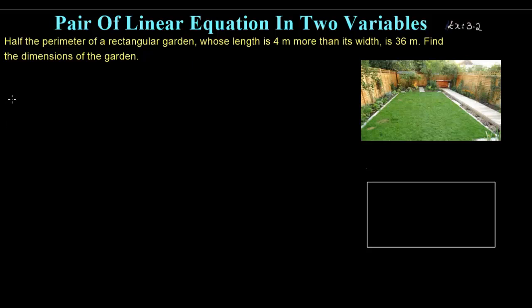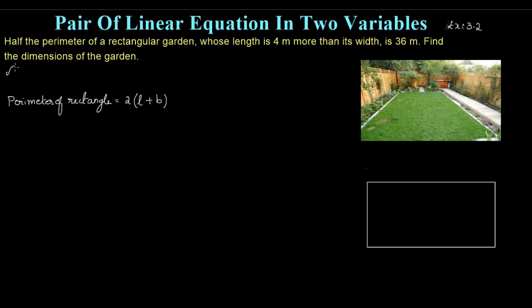Perimeter of the rectangle is equal to 2 into length plus breadth. Right? So this is the formula of the perimeter of the rectangle. But they have given here one hint. What is that hint? They have said that length is 4 more than its width.